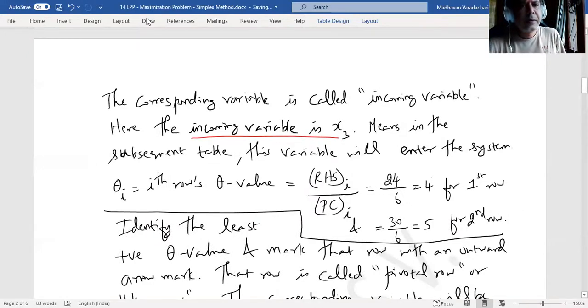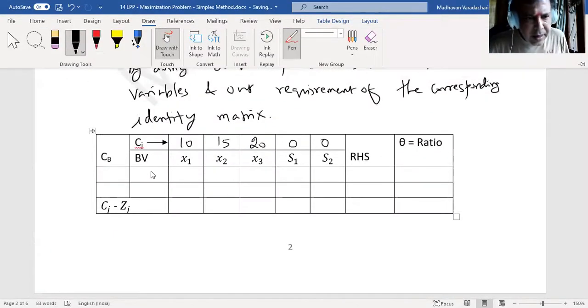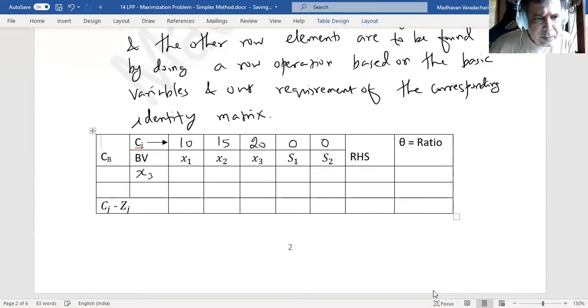So what we will do is, we had earlier here s1 and s2, that s1 will move away now. Instead, x3 will come in. And this s2 will remain as it is. Now, what is the coefficient of the basic variables in the objective function? For x3, it is 20. For s2, it is 0.